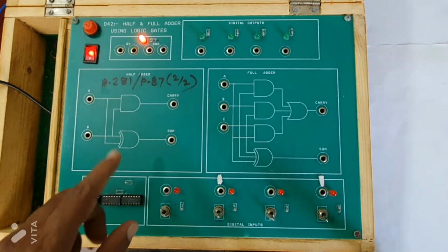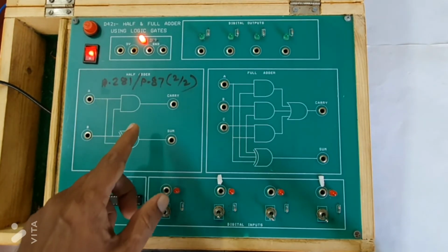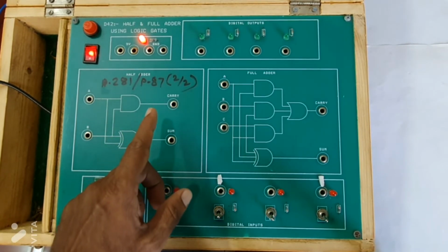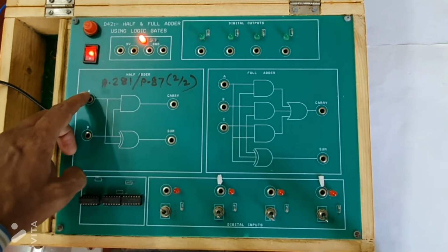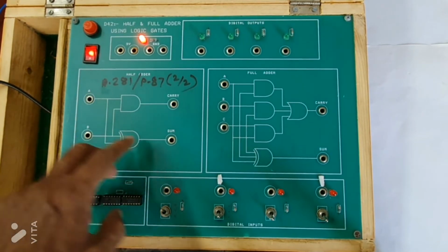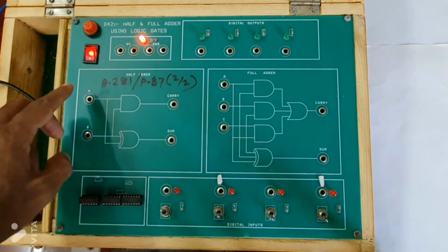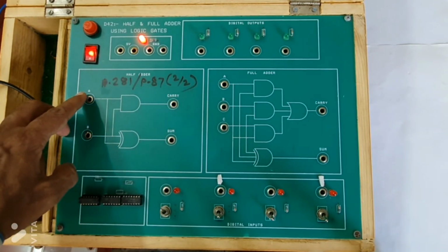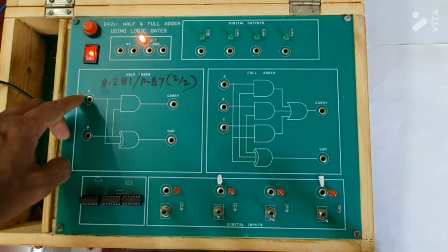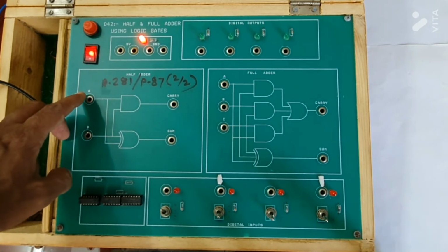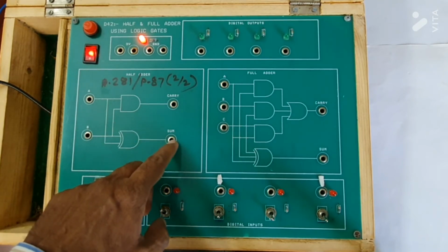So first we will verify the operation of this half adder. When both the inputs are 0, sum of 0 plus 0, sum is 0, carry is 0. When input B is 1 and A is 0, 0 plus 1, sum is 1, carry is 0.